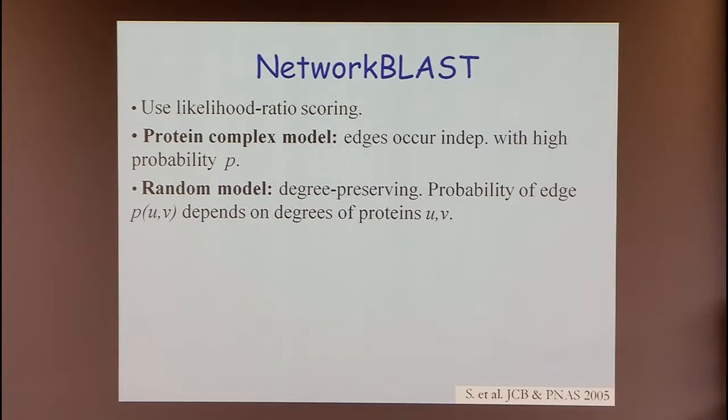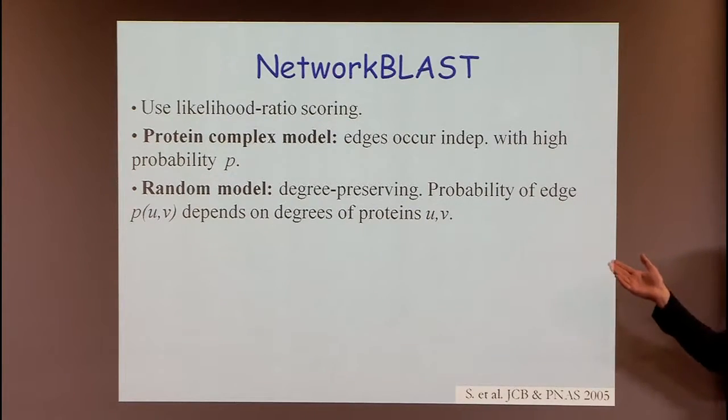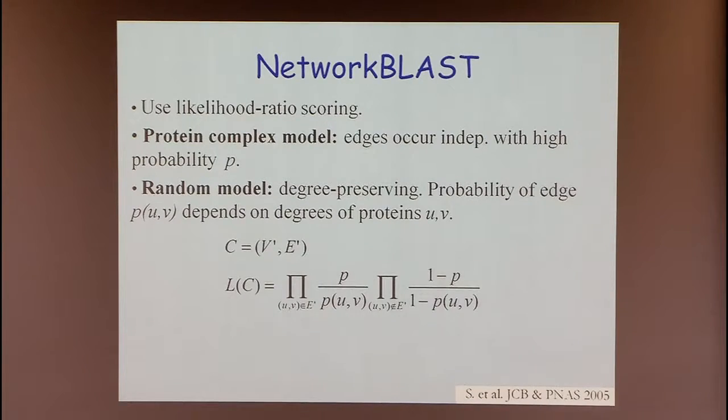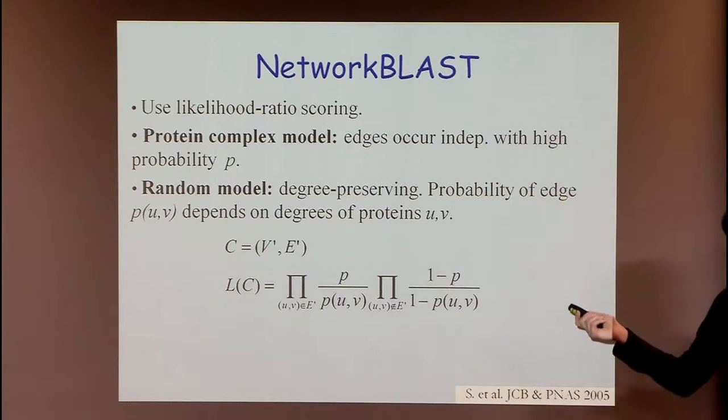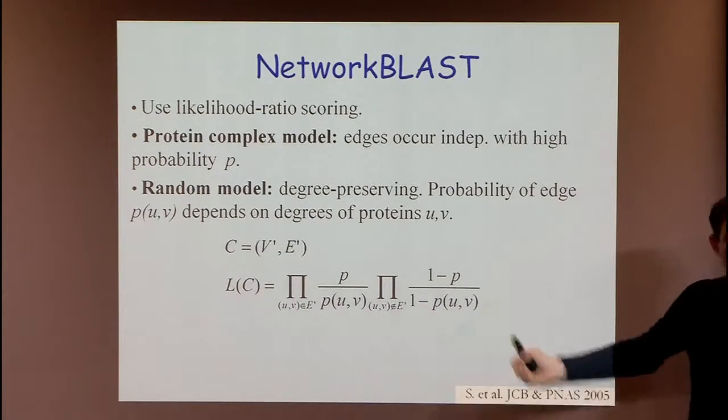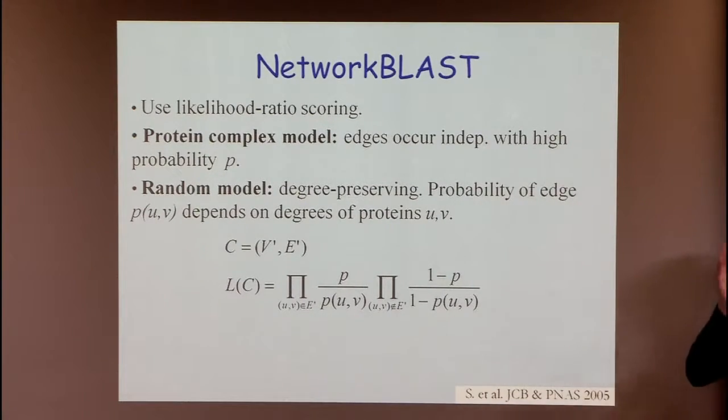The higher the degrees of those proteins, the larger the probability that they are going to interact in the random network with the same node degrees. So now, once we have those two models, we can write down a likelihood ratio test, a scoring function, that will allow us to look for the highest scoring protein complexes or highest scoring modules.